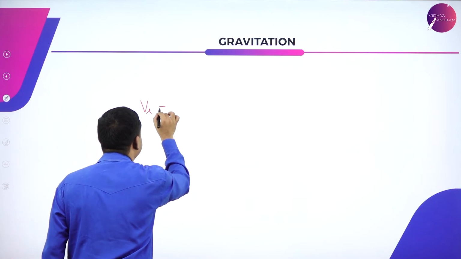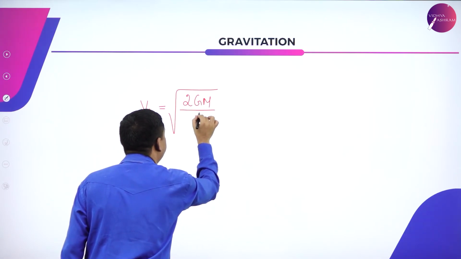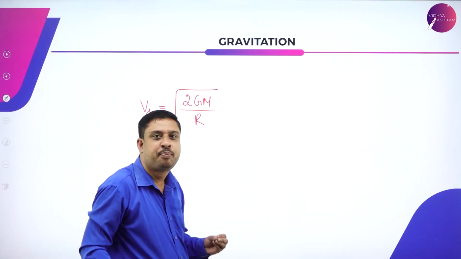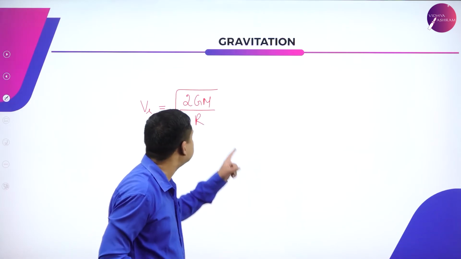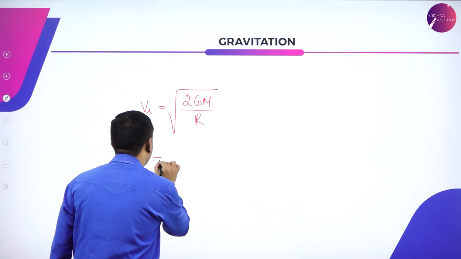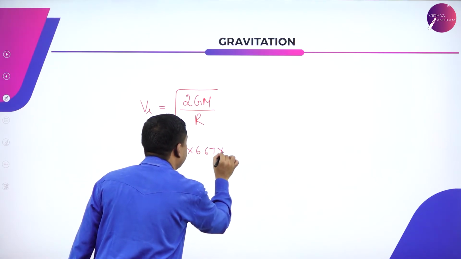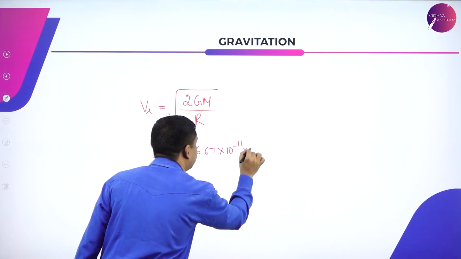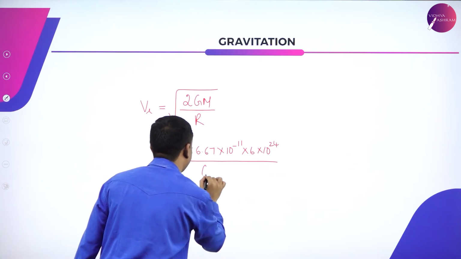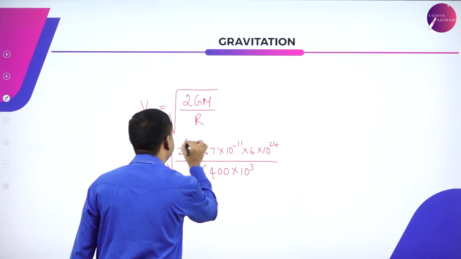So escape velocity is root of 2GM by R. If you have recalled, the expression for escape velocity is root 2GM by R, or this is 6.67 into 10 power minus 11, 6 into 10 power 24 divided by 6,400 into 10 power 3.